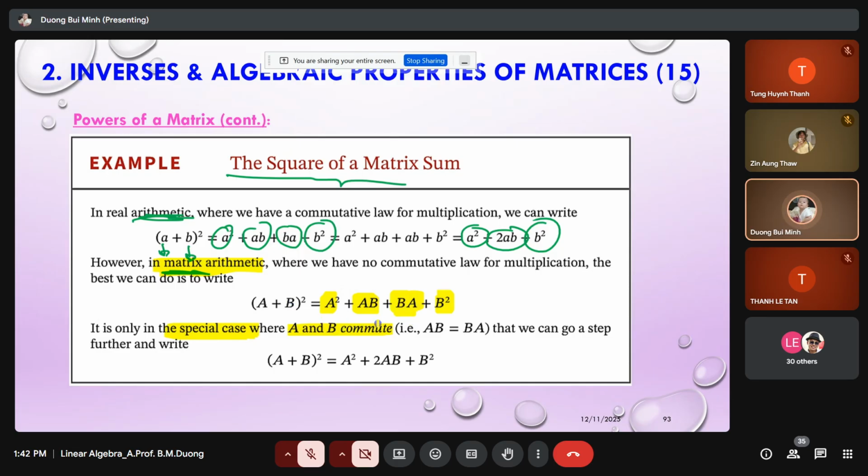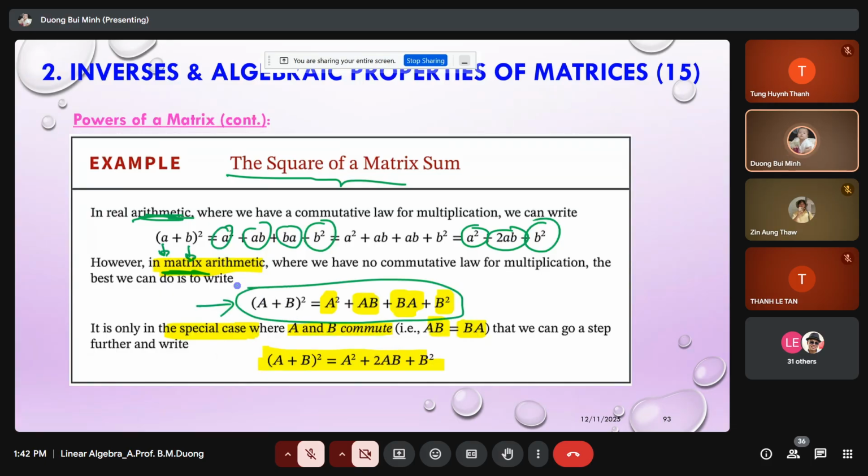Commutation means A times B is equal to B times A. So you can get A plus B totally squared is A squared plus 2AB plus B squared. In general, you should remember this one for the squares of a matrix.